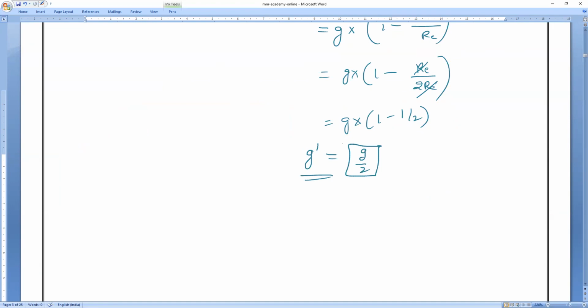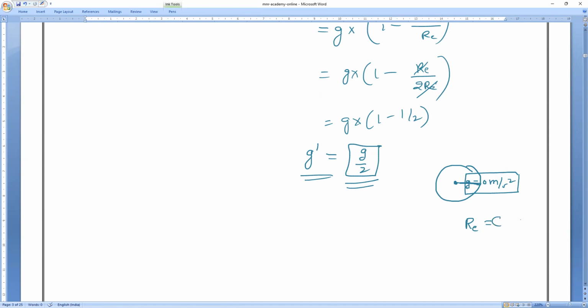So if you go deeper inside the earth, the value of G keeps on decreasing. When you reach the center of the earth, G value will become 0 meter per second square, because at the center the distance from the center is zero and further it is not possible.